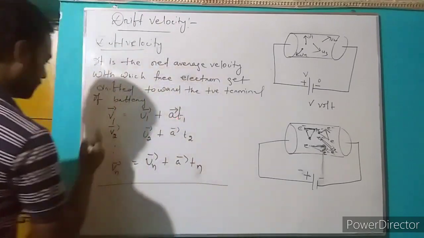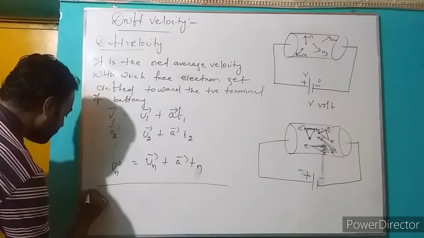So the net average velocity is denoted by Vd.